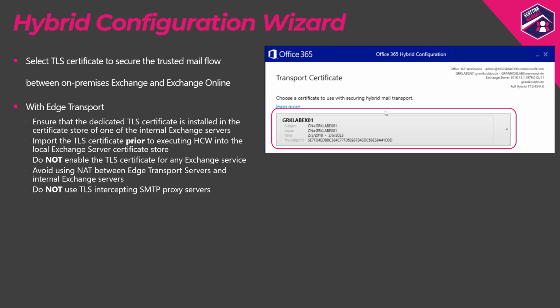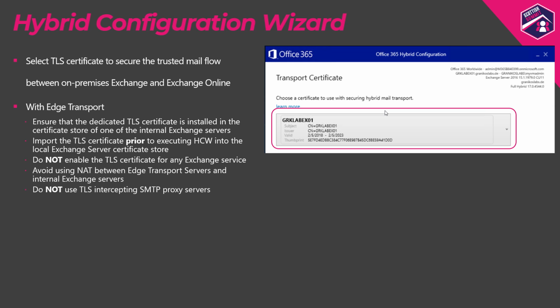The mail flow itself between Exchange Online and your Exchange on-prem organization is secured using dedicated certificates. That's the reason why you have to select which certificate to use for securing transport.